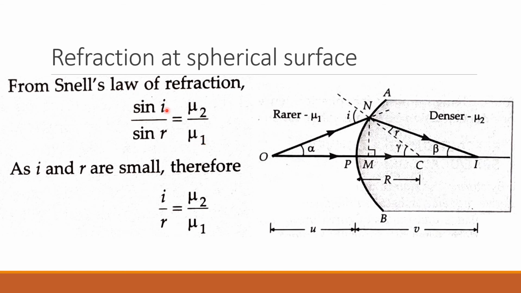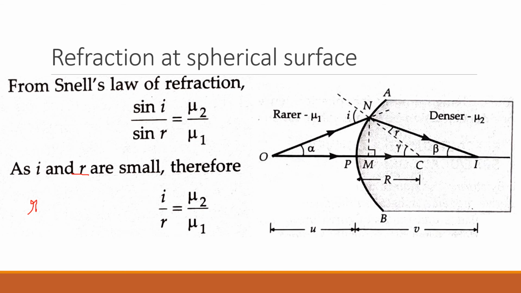Now again, your angle of incidence I and your angle of refraction R are very small. If I and R are very small, I can write my angle of incidence I as approximately equal to sine I, so instead of writing sine I, I can simply write I here. Similarly, your angle R is also very small.